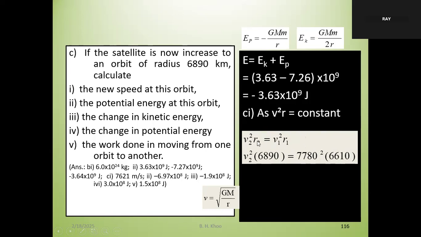V2 squared R2 equals V1 squared R1. V2 is what we want to find. This is 6890, this is the previous speed V1 squared, and this one is 6610, given previously. Then calculate our V2.